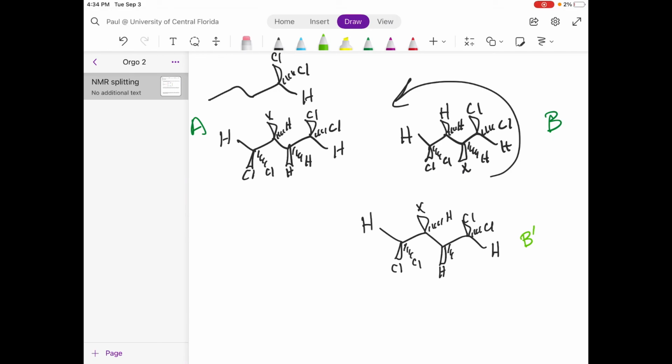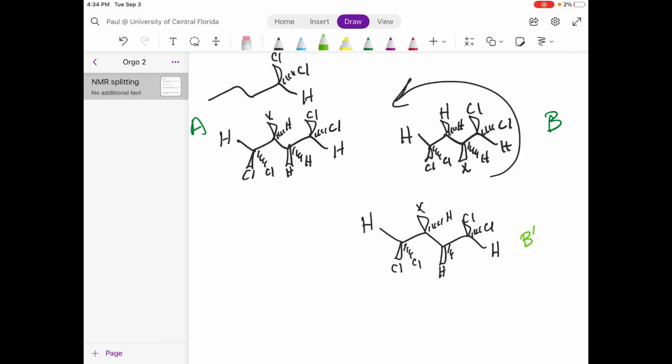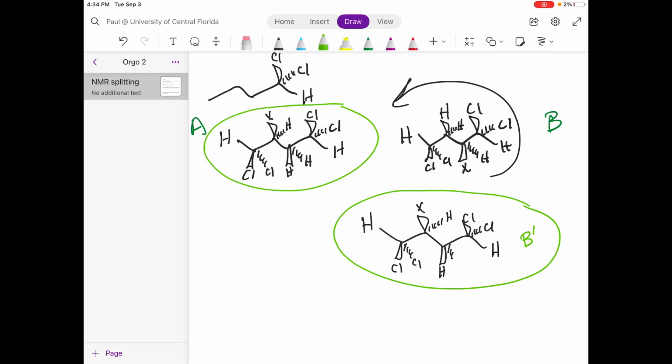Now what's the relationship there between this guy and that guy? You see how they're superimposable? Because they're superimposable now. Oh, I forgot a hydrogen. Okay. See how they're superimposable? You just plop them right on top of one another. That makes them homotopic.